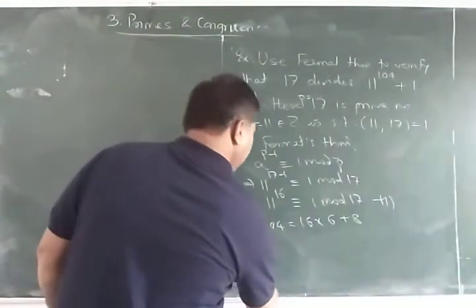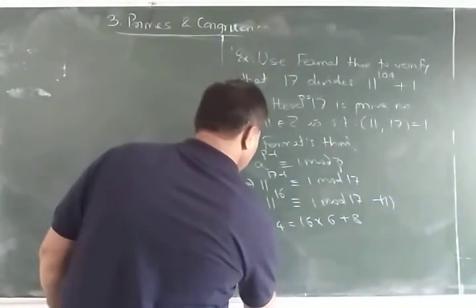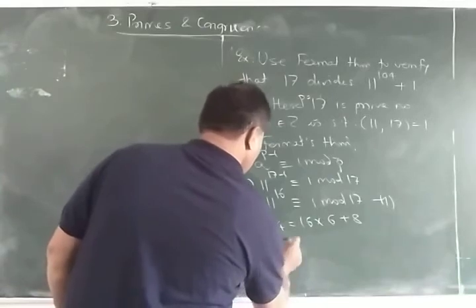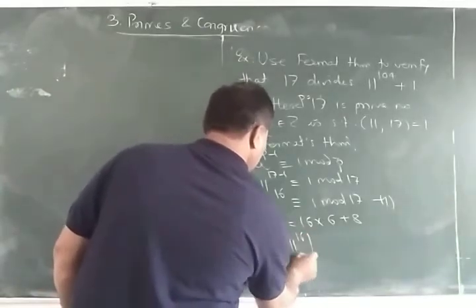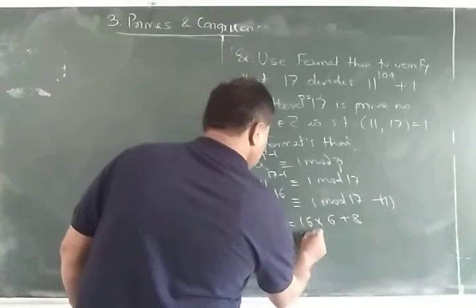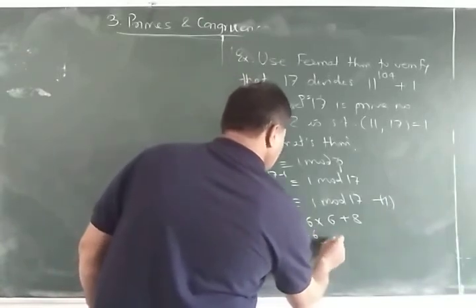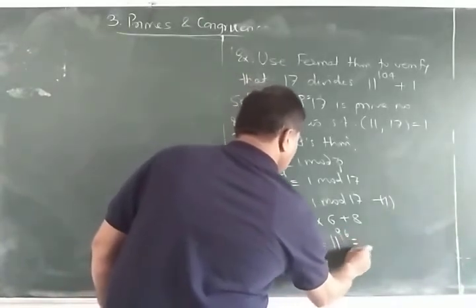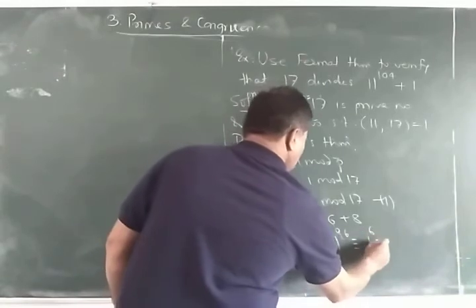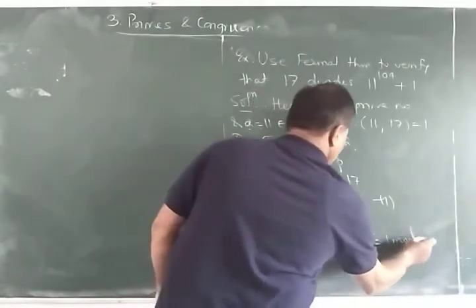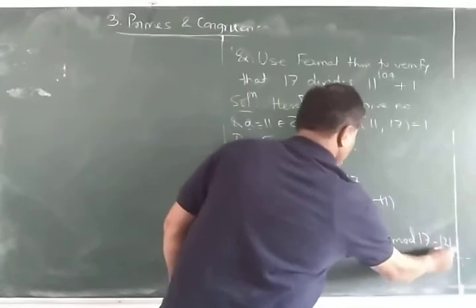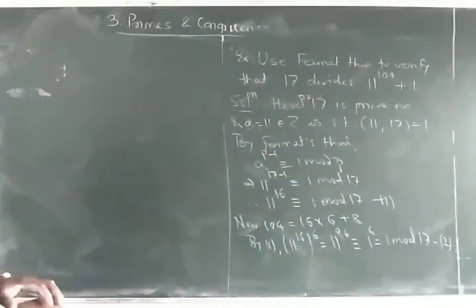So, by 1, 11 raised to 16 raised to 6, which is 11 raised to 96, is congruent to 1 raised to 6, which is 1 mod 17. Call this 2. Now the remaining power is 8.